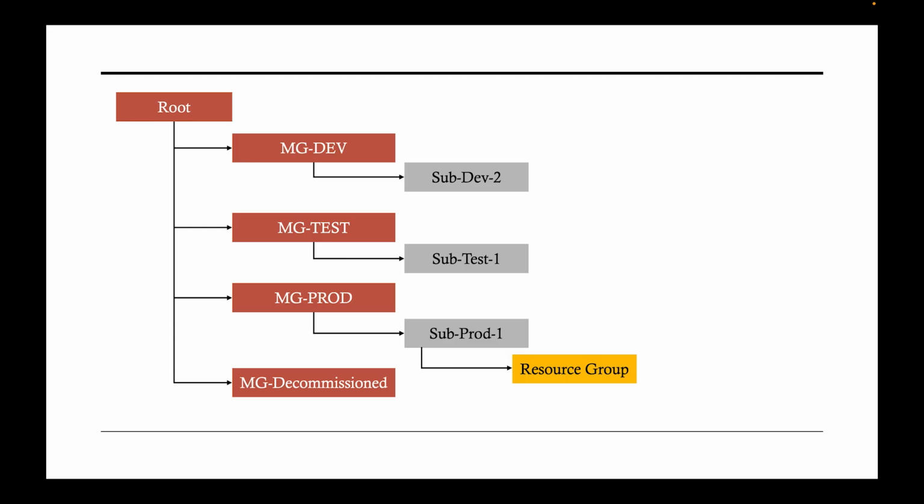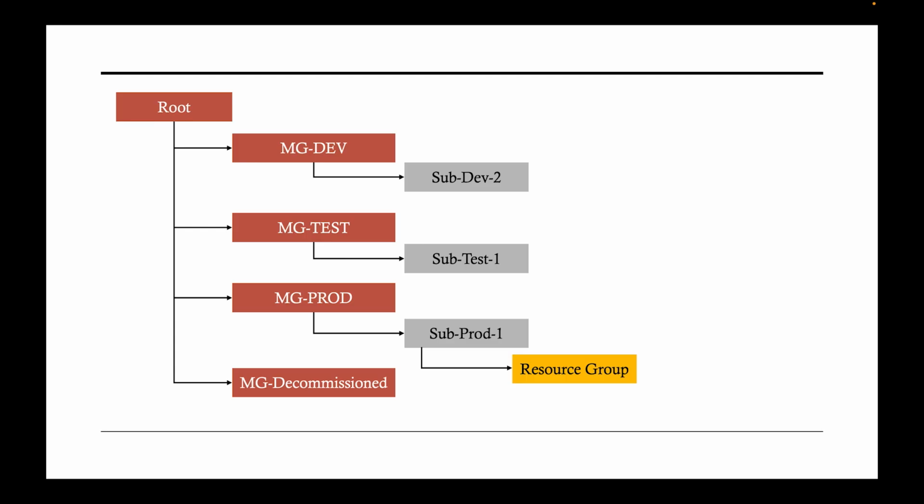So let's say I have a project that we're working on and it's in the MG test management group. I can now use a security group and apply a role to that security group so that they only have the VM operator role at the MG test level or even at that subscription level. That allows you to have least privilege within only the confines that those individuals need access.